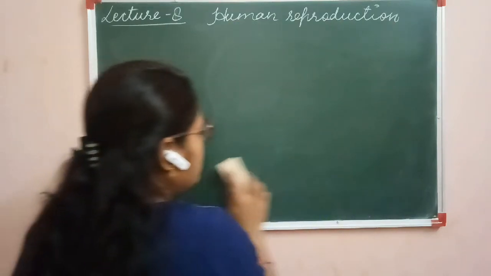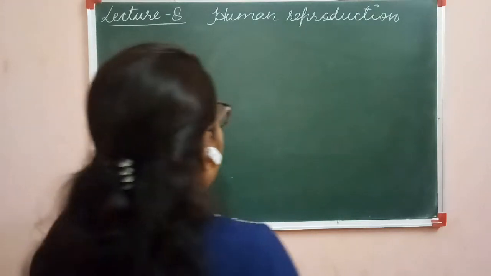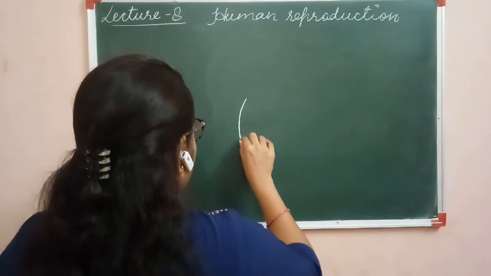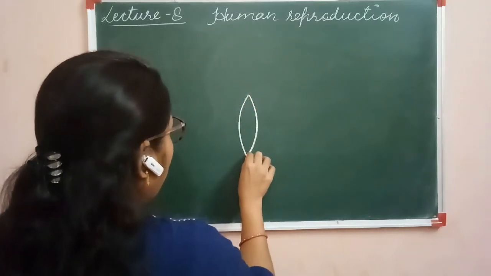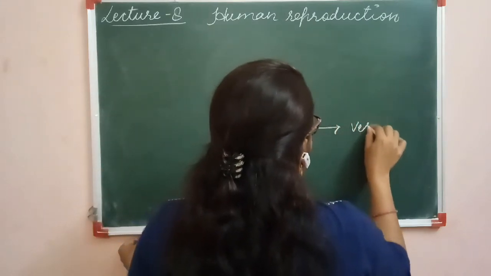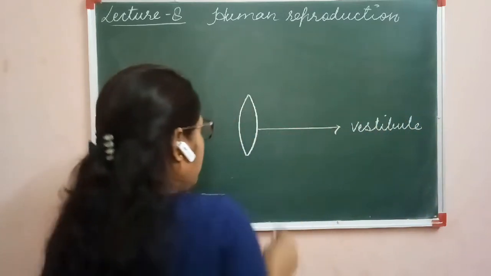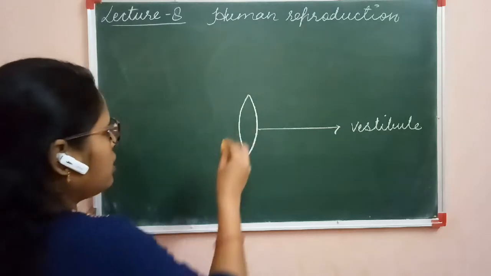The female external genitalia has a depression. This is the depression, and this depression is called the vestibule. This vestibule has two openings.